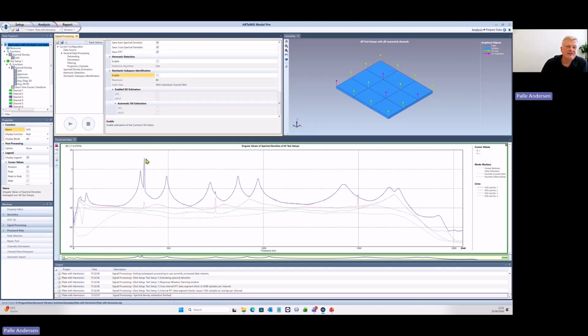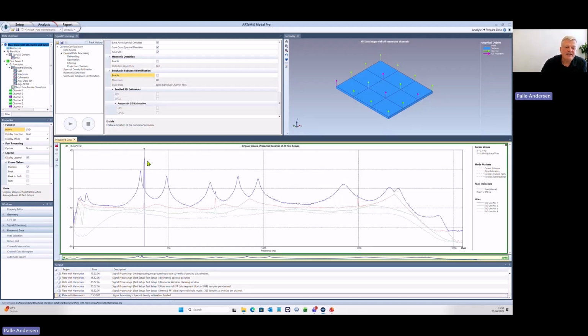You can do that either with something we call harmonic detection, where we sweep through the spectrum and try to find these peaks automatically. But in this case it's so significant that we can just do it manually by adding a peak indicator here. So I simply go here and double click to get this one.